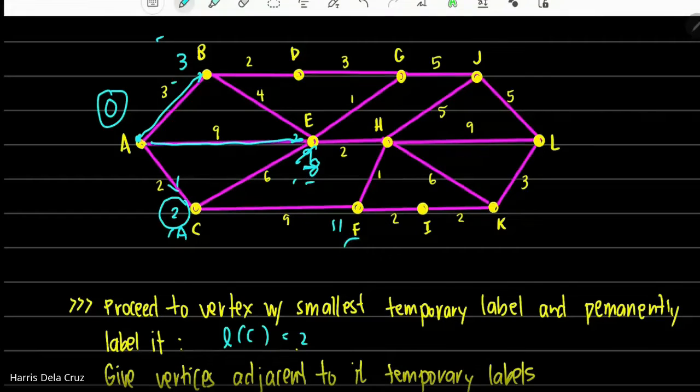So, that means, ang pinakamaliit ay B. So, yung label ni B, fix na sa 3. Ang ibig sabihin nun, siya na yung shortest path mula kay A papunta kay B. Kasi after 2 iterations, wala nang mas maliit pang way papunta kay B, kundi yung kaninang path.